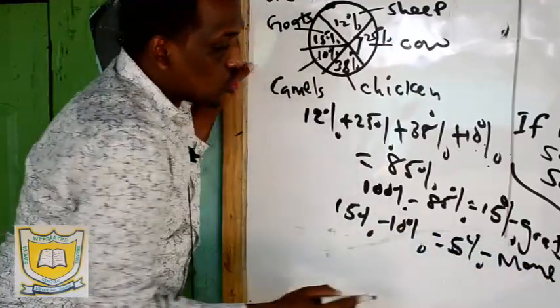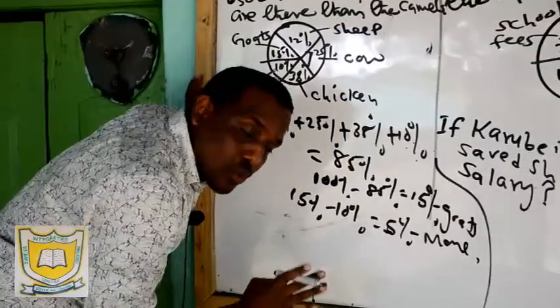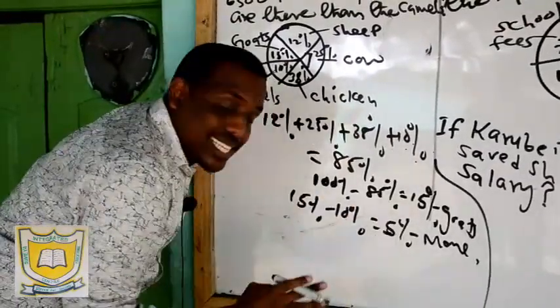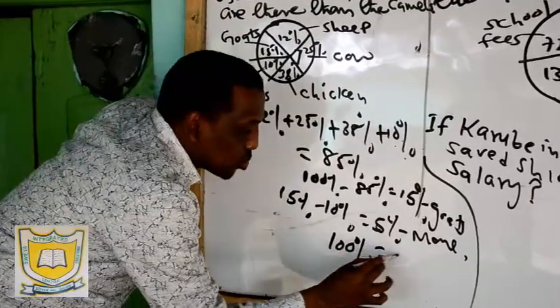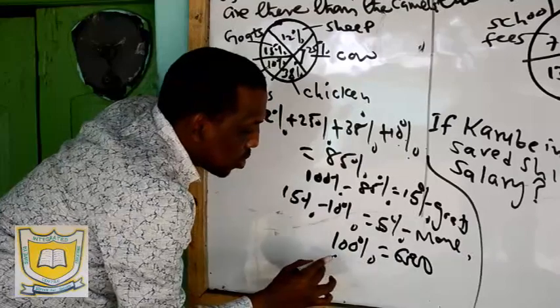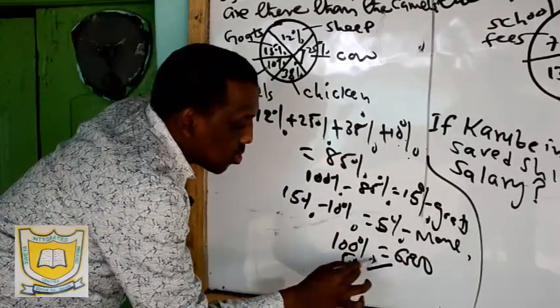Now we have total animals, and we don't want the degree, which would have been 360 degrees. So now 100% total is equal to total animals, 6,500. What about 5%? Cross multiply.